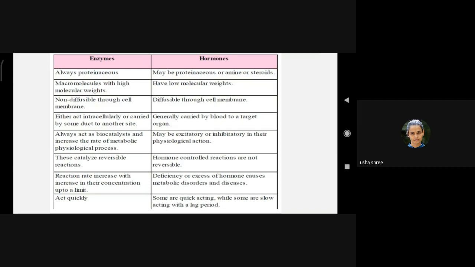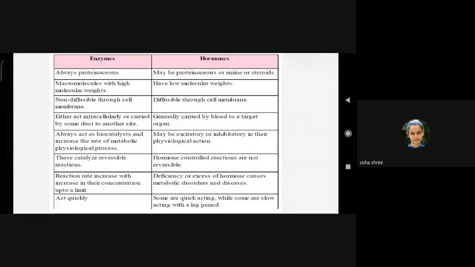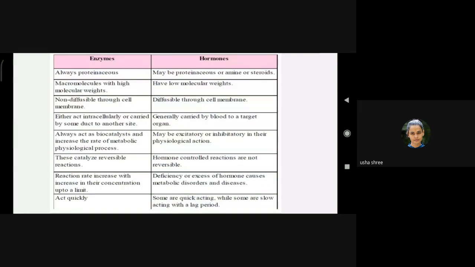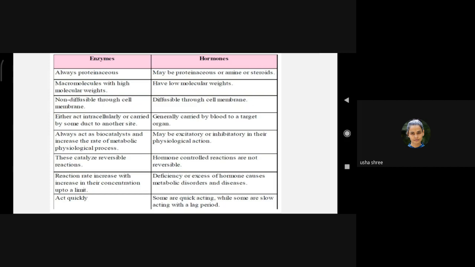In the case of enzymes, reaction rate increases with increase in their concentration up to a limit. Means if enzymes increase, then the reaction rate or metabolic rate will increase. There is no big side effect of increasing or decreasing enzymes.